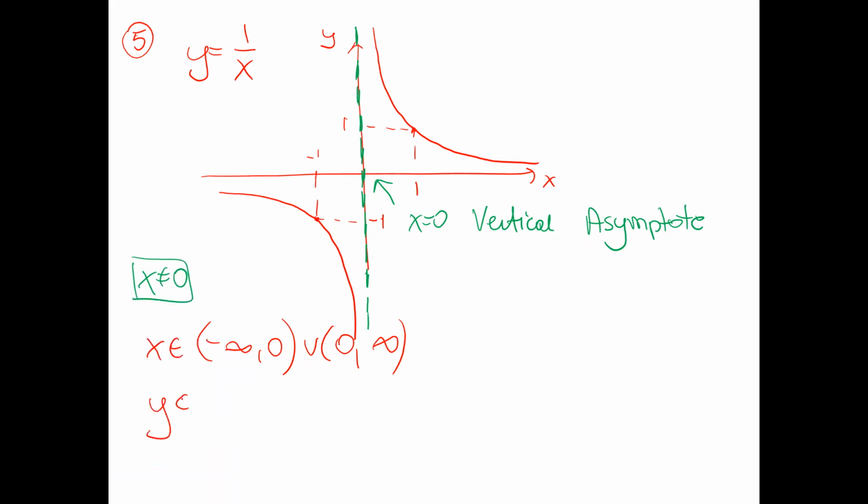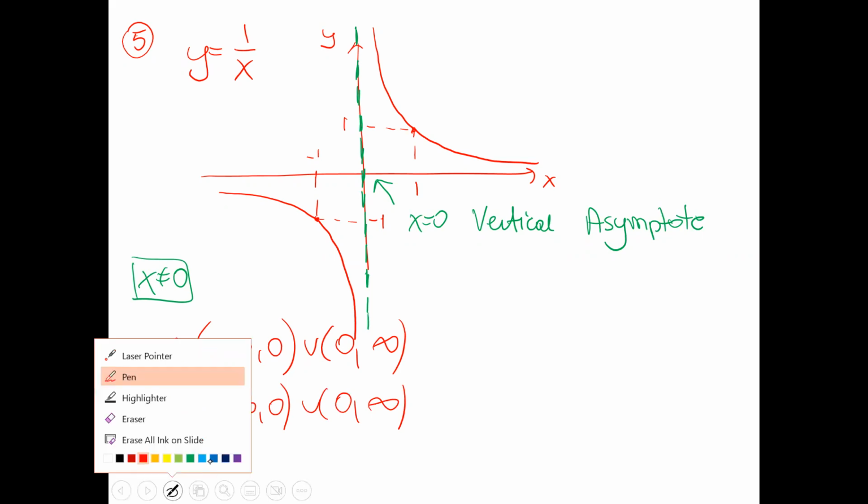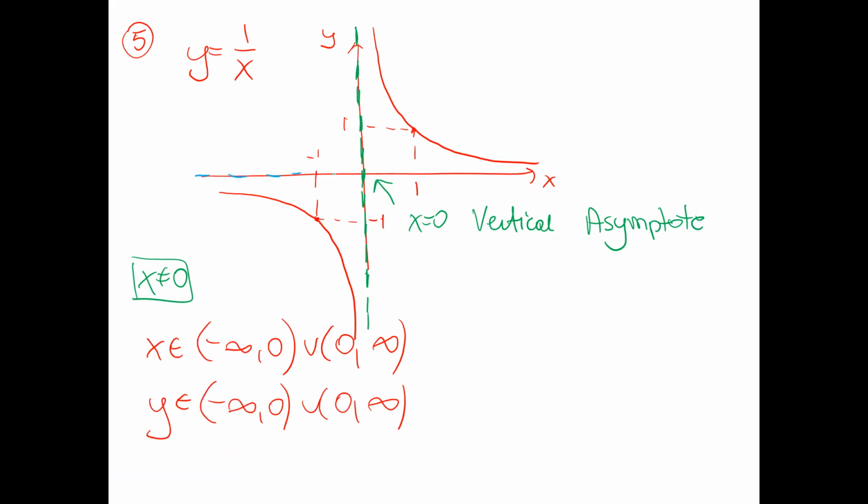And the outputs are the same, from negative infinity to 0 and from 0 to positive infinity, which we may also say means we have a horizontal asymptote, y equals 0, just in case. But just looking at the x value, since 0 is not in the domain, we have a vertical asymptote.